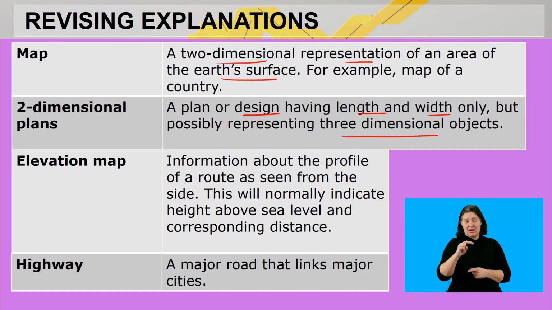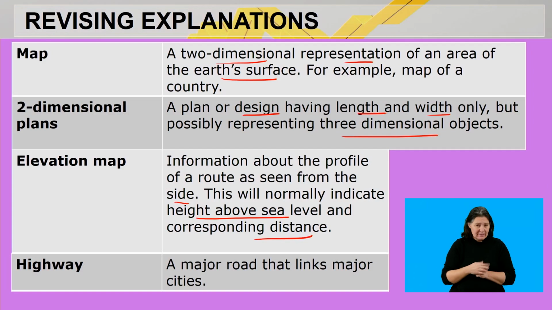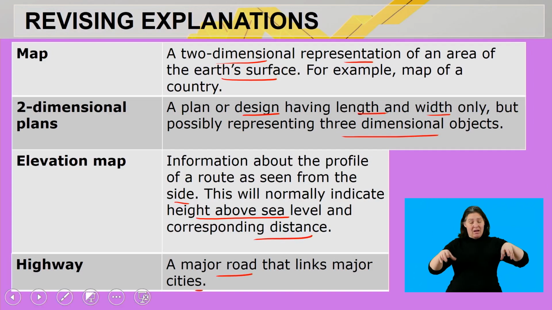Then elevation map: information about the profile of a route as seen from the side. This will normally indicate height above sea level, very important to note, and corresponding distance. Then lastly here, a highway is a major road that links major cities with one another.